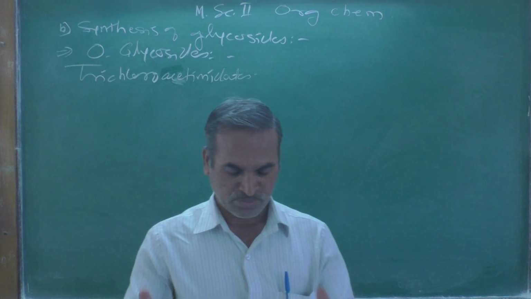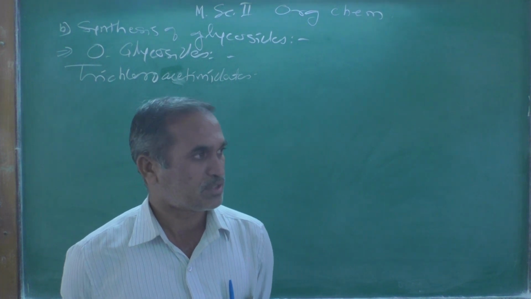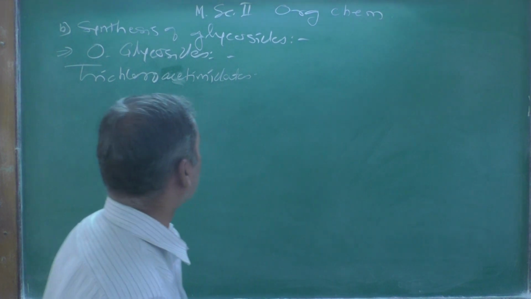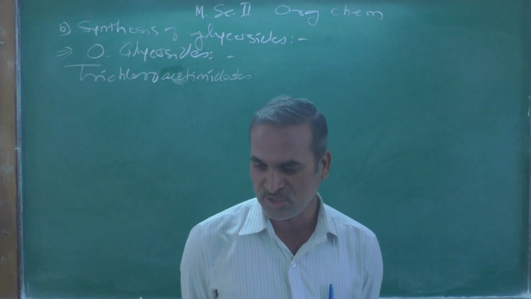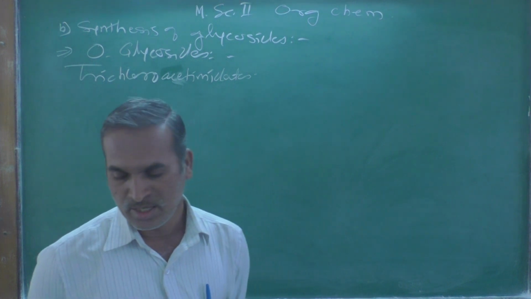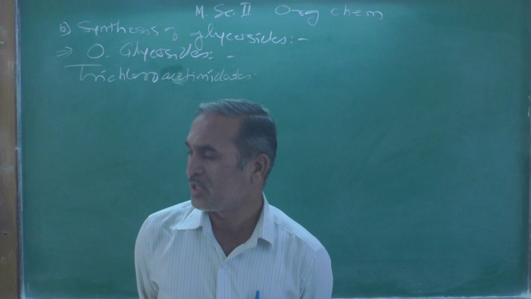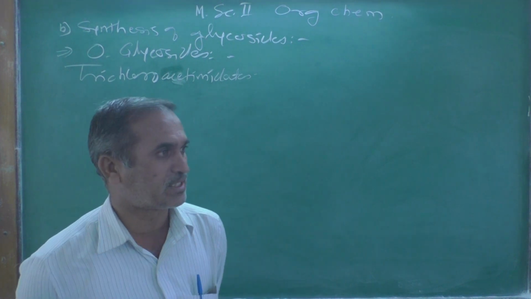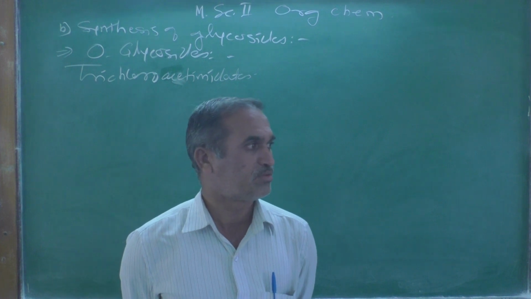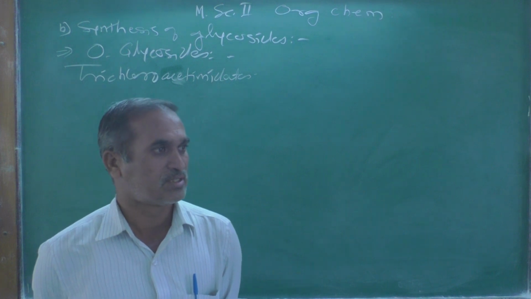It is a special and very interesting subject as far as carbohydrate chemistry is concerned, because carbohydrates are natural products, easily or cheaply available, and most of them are optically active, and we know that optically active compounds have a chiral center.